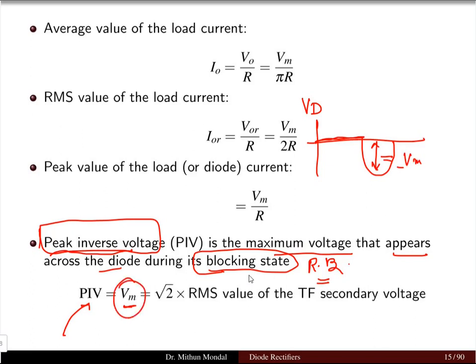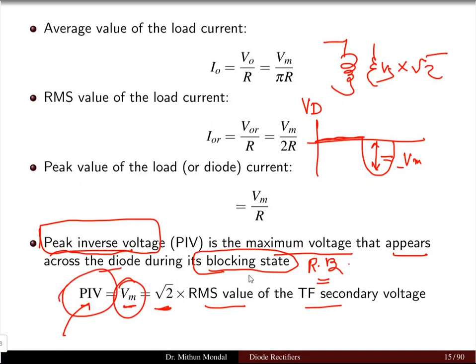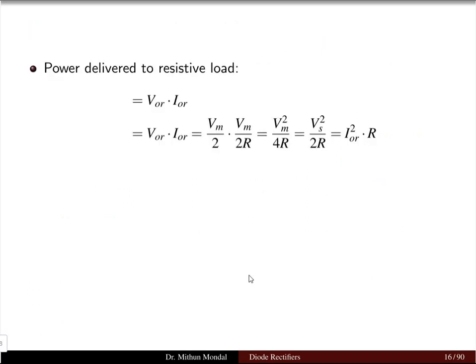And Vm is nothing but root 2 into the RMS value of the transformer secondary voltage. If you multiply the secondary voltage with root 2, you will get the peak inverse voltage, or otherwise we can say that Vm is the peak inverse voltage of the diode.